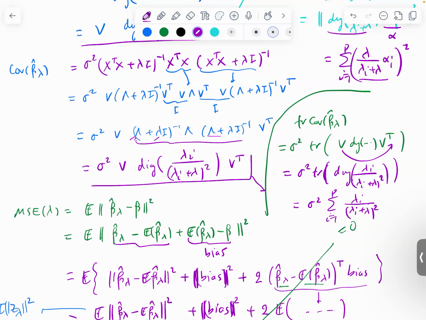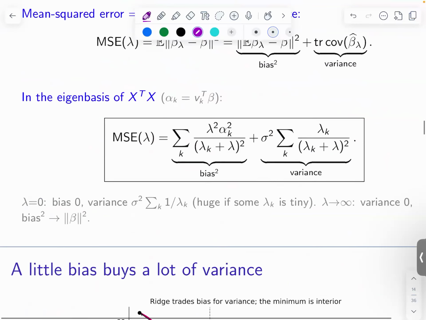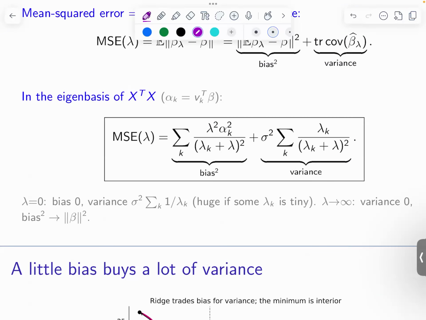All these calculations paid off because we got very clean formulas for the bias squared and the variance in terms of very simple parameters: the eigenvalues, this alpha I, and then lambda and sigma squared. Once the dust settles, you get this very nice decomposition. So the MSE of ridge is bias squared plus variance, and that's exactly what we did above.